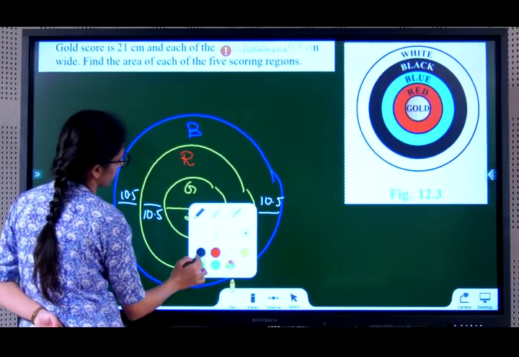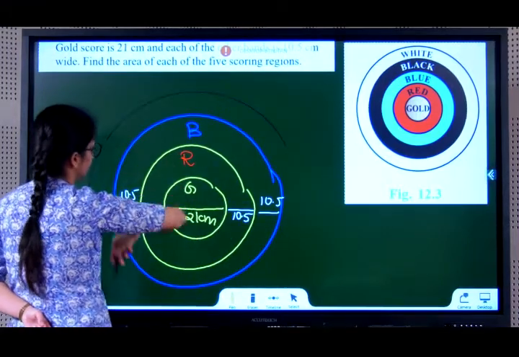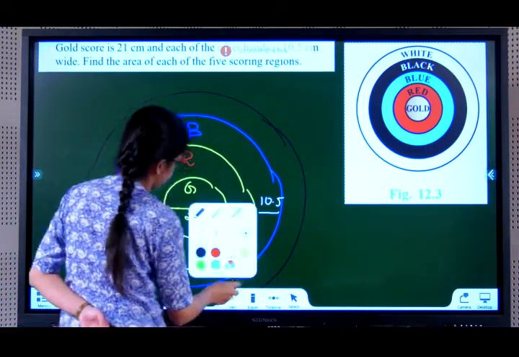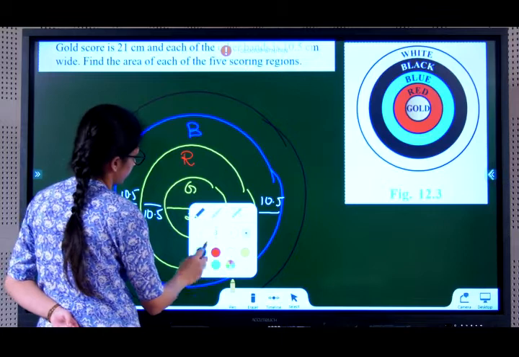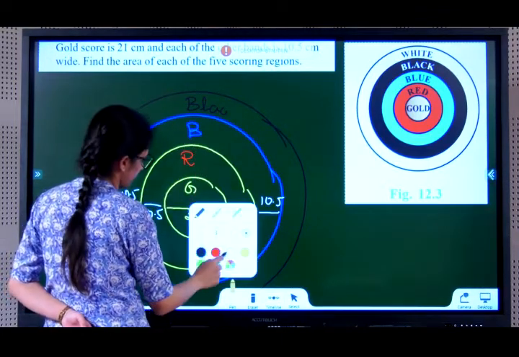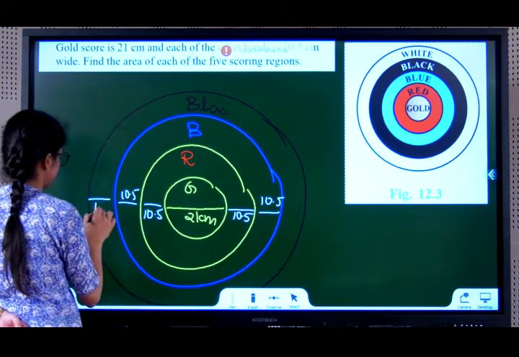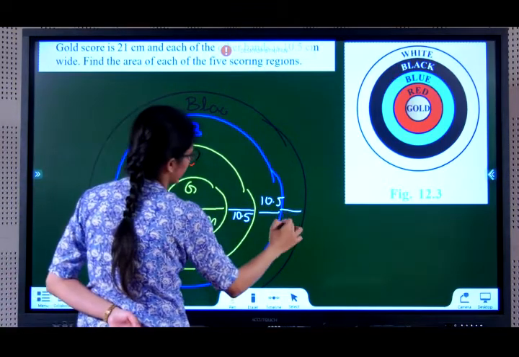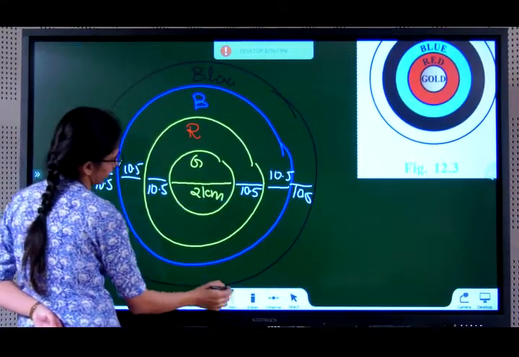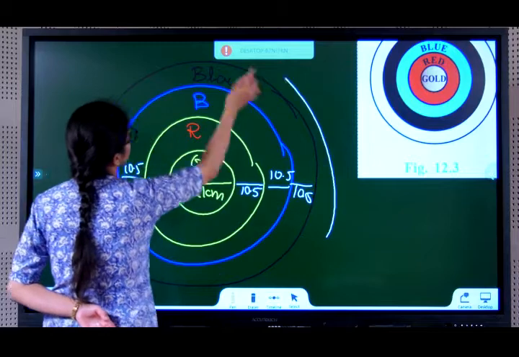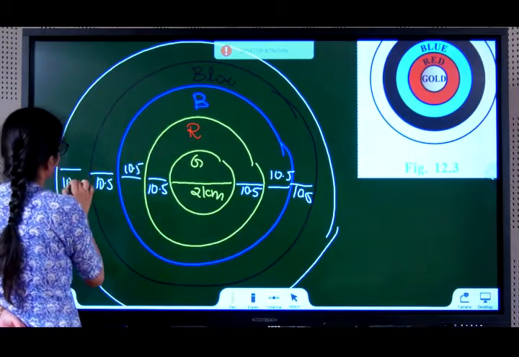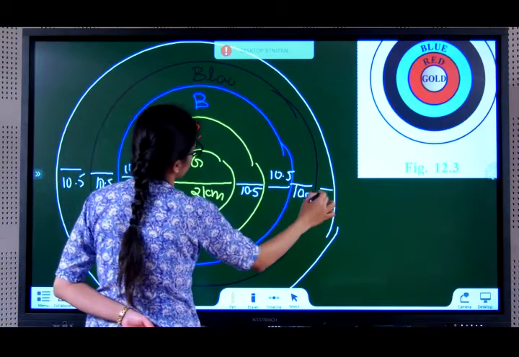Then you have black. I don't know if you can see the black. Another 10.5, another 10.5, and then we have white. Here you have 10.5 and 10.5.